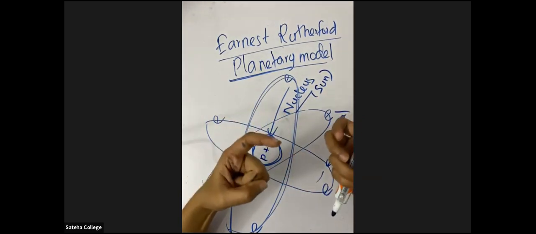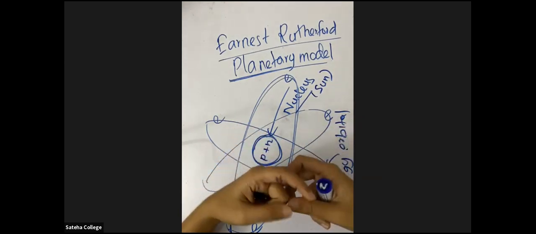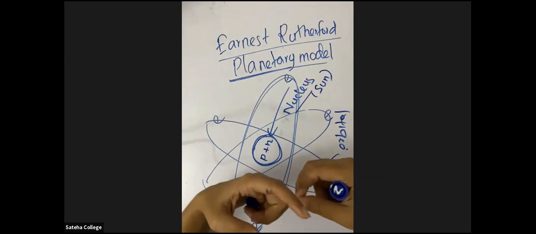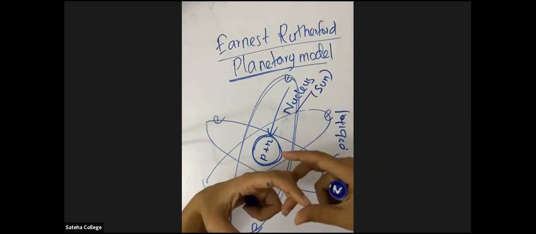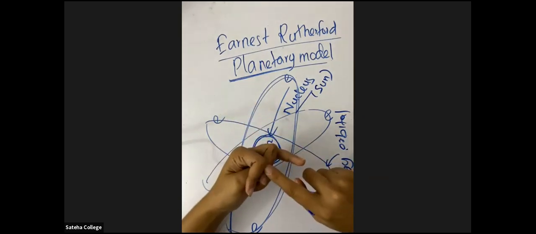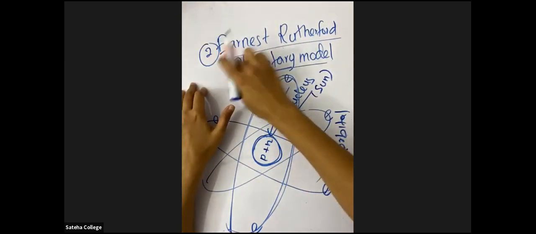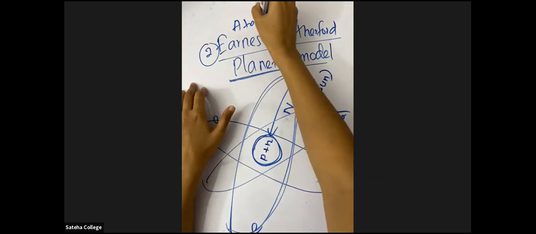Then was it accepted? No, it was rejected. Why was it rejected? Because proton, electron, and neutron were different.